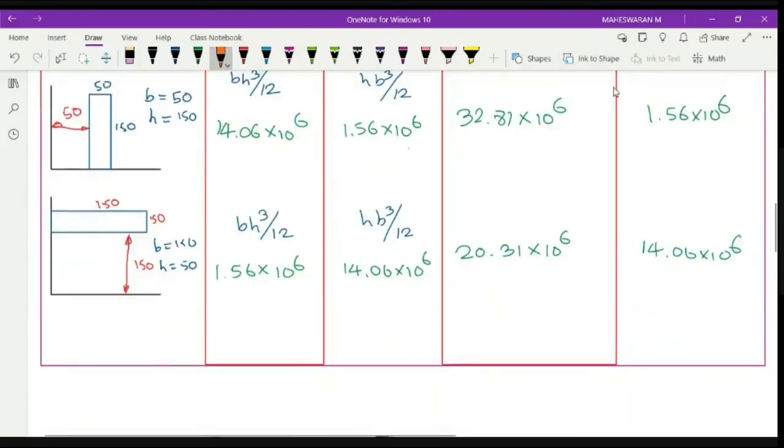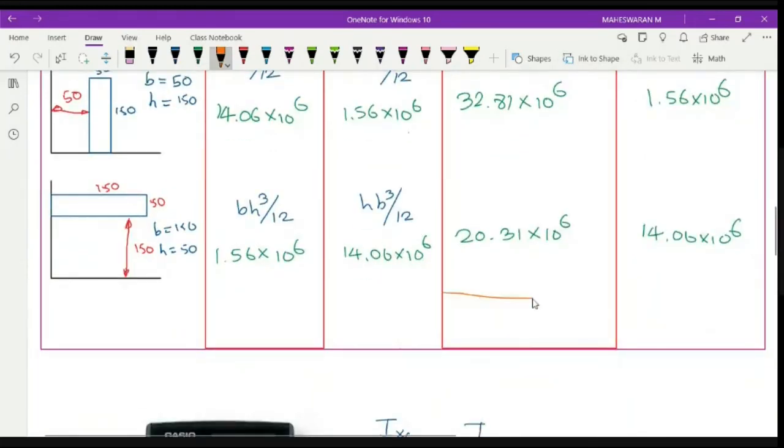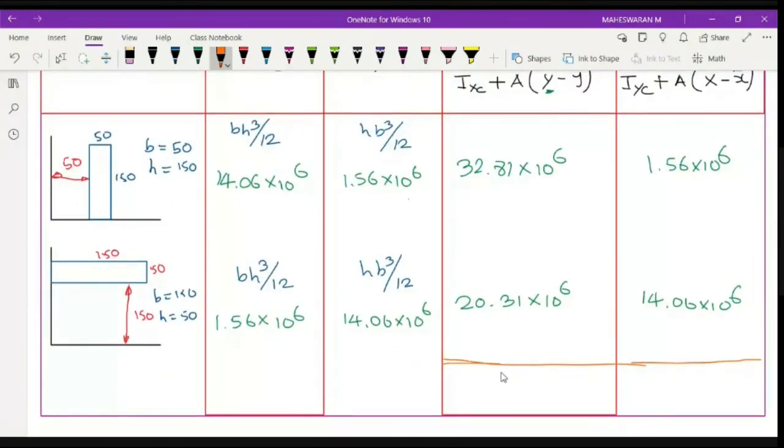Now what you do, you just add it. That's it. So add all your IXX and IYY. So add these two, yeah, 53.12 into 10 power 6. This is my IXX, right?